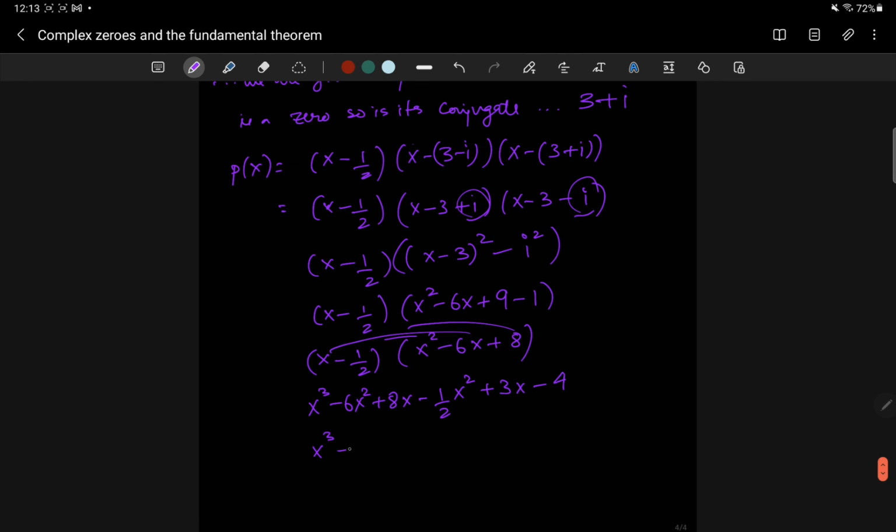So it's x cubed minus 13 over 2 x squared plus 11x minus 4.